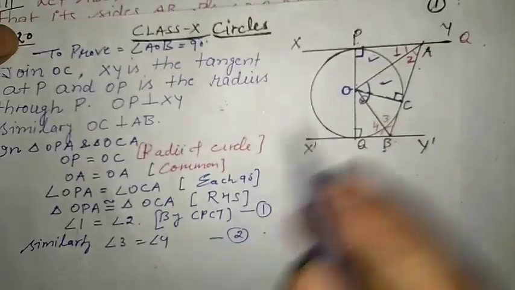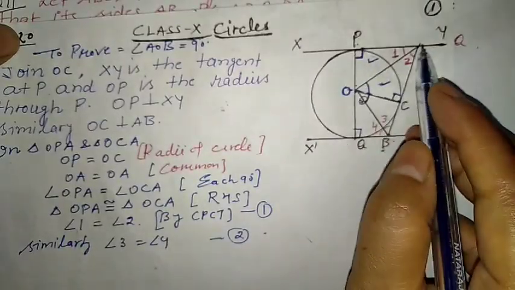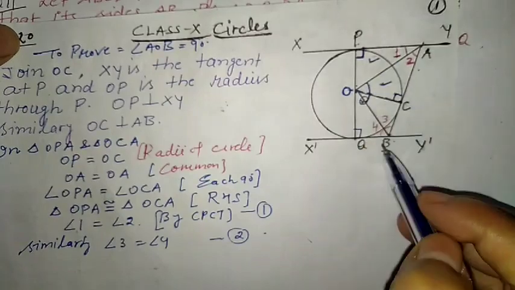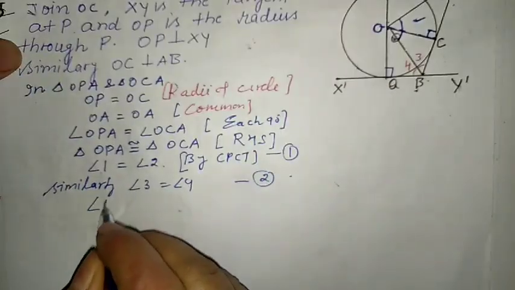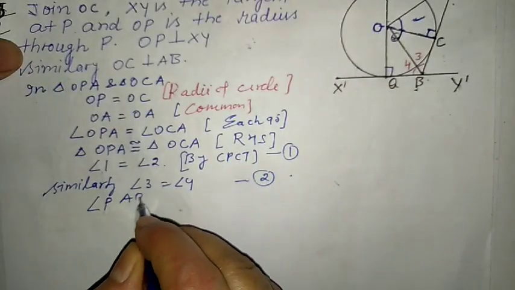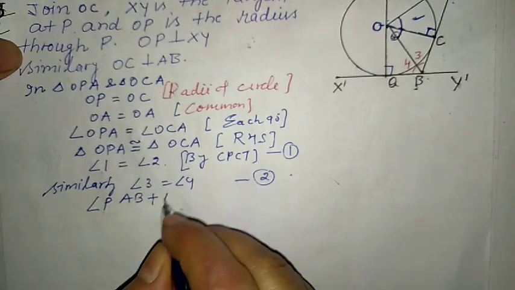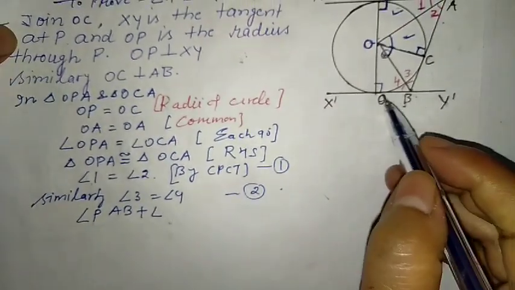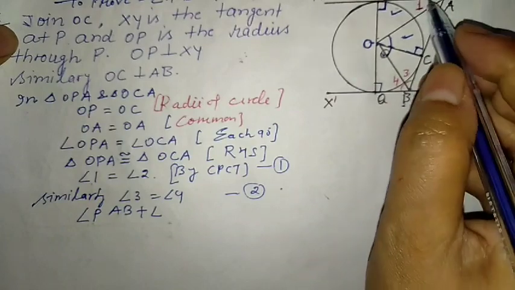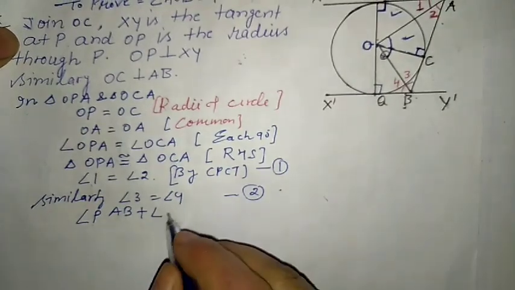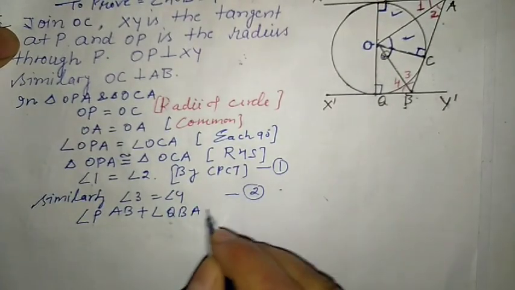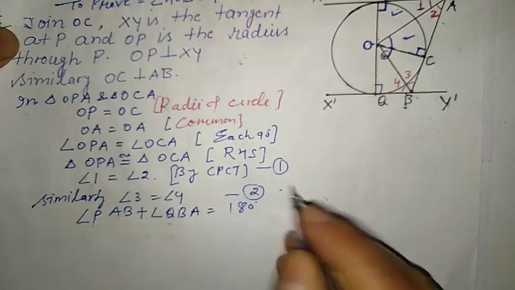It means that angle PAB, this complete angle, plus angle QBA, this complete angle, is equal to 180 degrees.